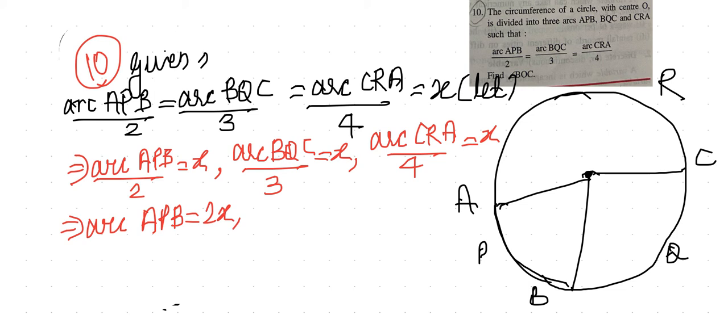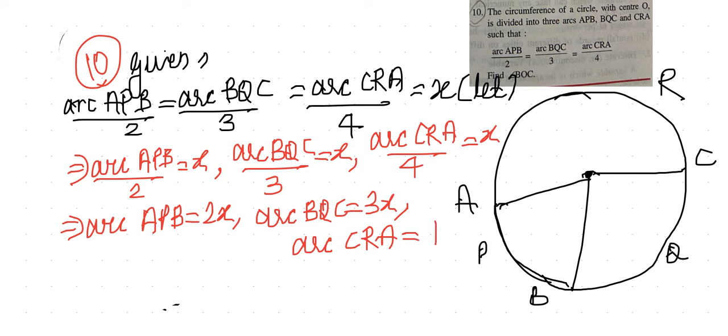Okay, and then arc BQC is equal to 3X, and further arc CRA is equal to 4X. Okay, so this is what you are getting.